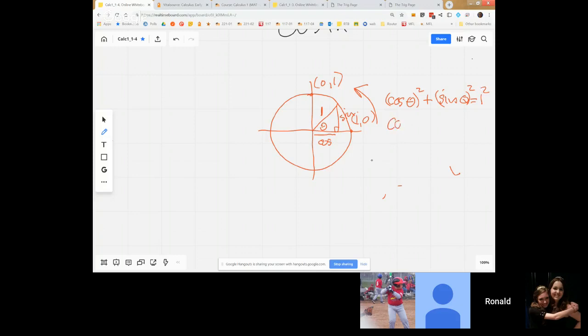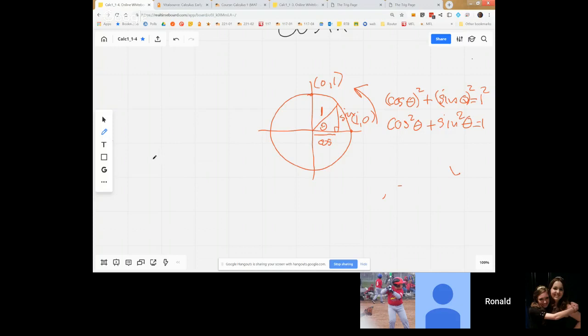So we write that like this in trig. And that's one of the Pythagorean identities. Do you see why it's called a Pythagorean identity? Because it comes from the Pythagorean theorem.